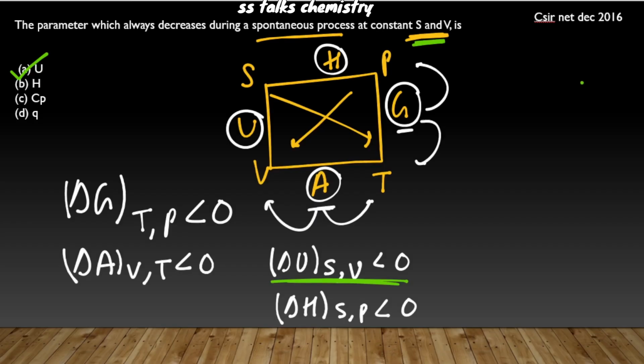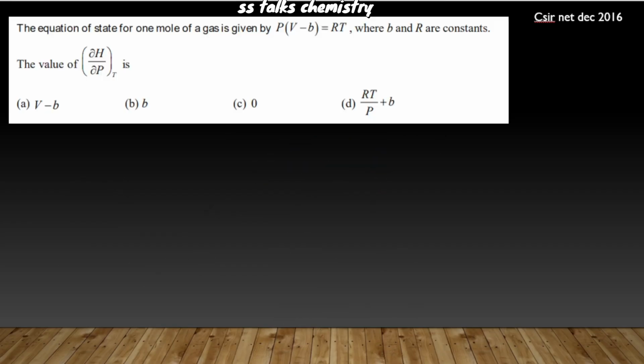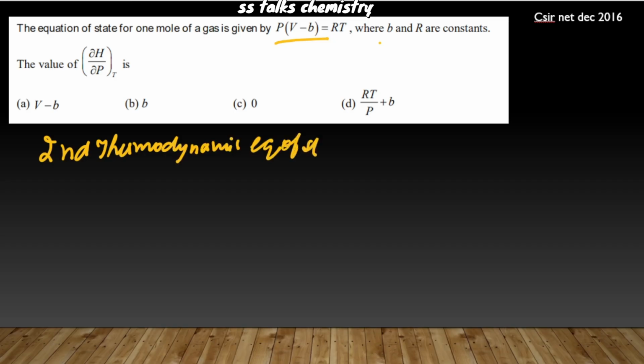Okay. Next, this question now. The equation of state for 1 mole of the ideal gas is given, where B and R are the constants. We need the value of delta H by del P at constant temperature. Again using the second thermodynamic equation of state we can solve this.